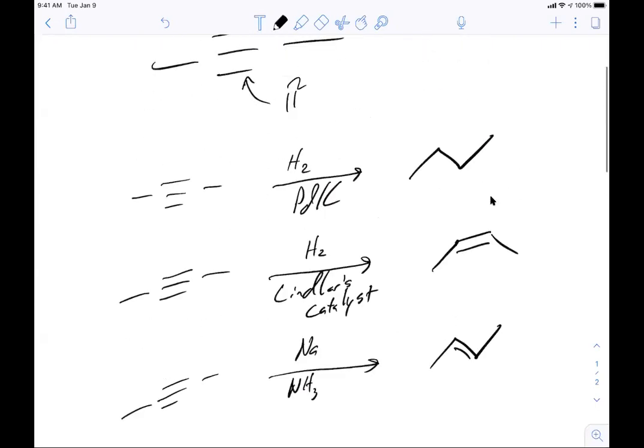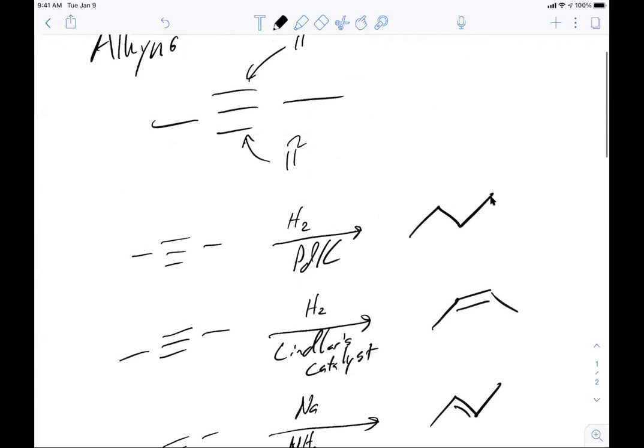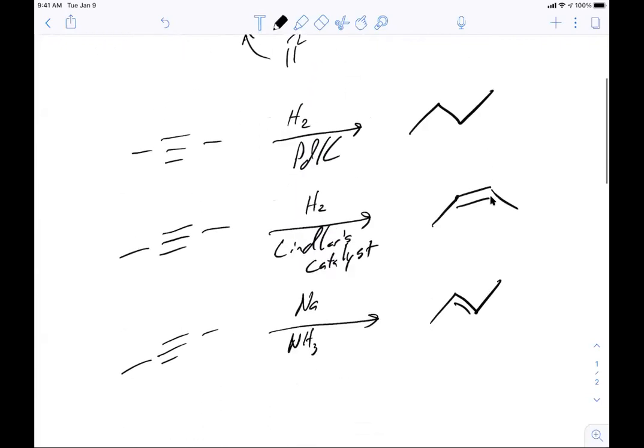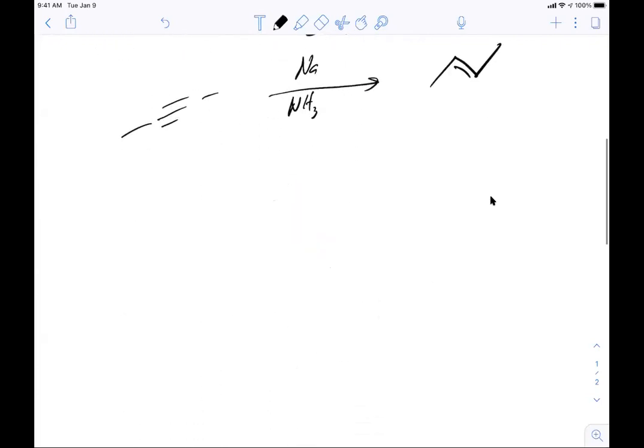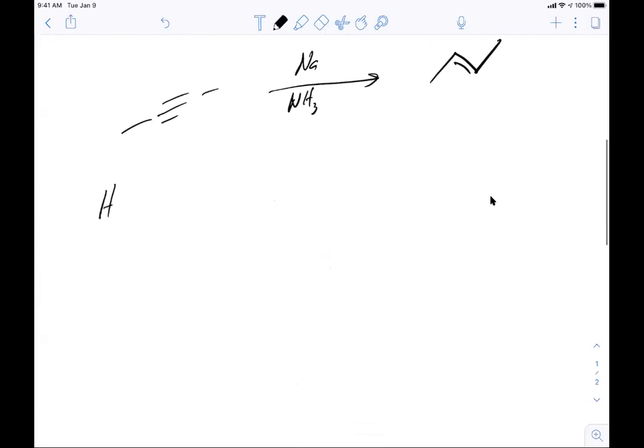Okay, so when we look at these, we have those 2 pi bonds, so we need to be thinking about that. We did the reduction, so let's look at hydrohalogenation.